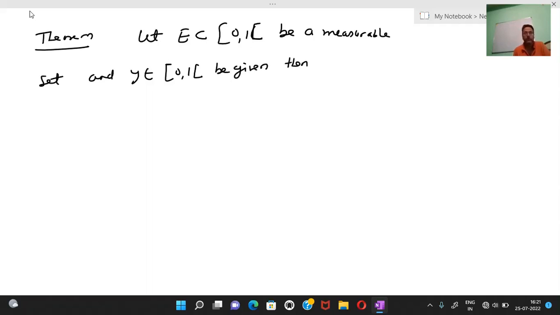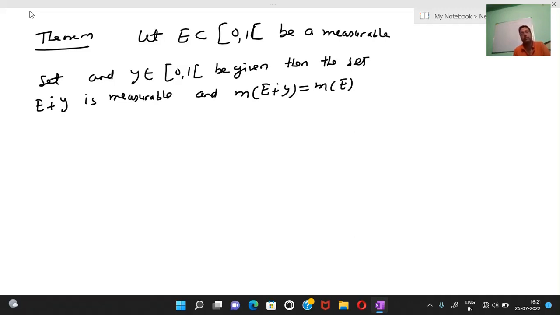Then the set E plus-dot y is measurable, and the measure of E plus-dot y is equal to the measure of E. Okay, this is a very important theorem.